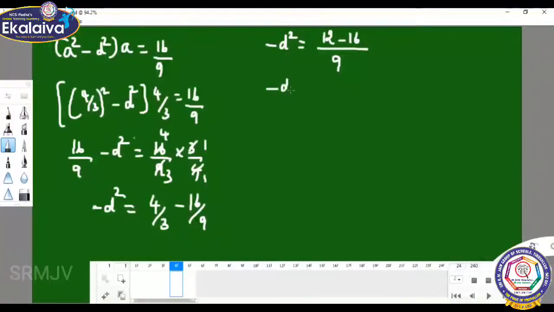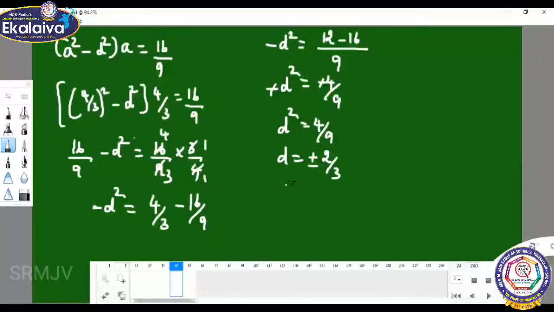Minus D square equal to minus 4 by 9. Minus minus gets cancelled. So D square equal to 4 by 9, which implies D equal to plus or minus 2 by 3.